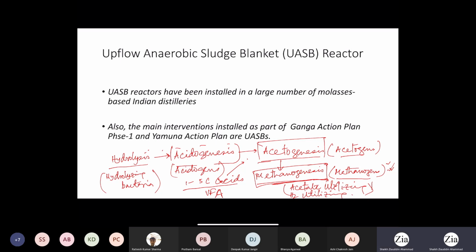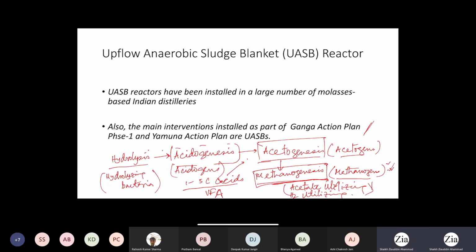In the Ganga Action Plan and Jamuna Action Plan, they installed a few USB reactors, but their calculations were not correct. The engineers who estimated the usability of the reactor made an incorrect estimate because the wastewater strength was not good enough to use them in this environment.